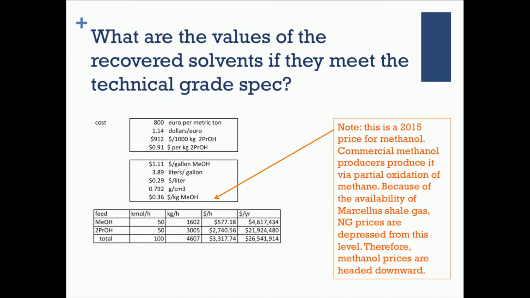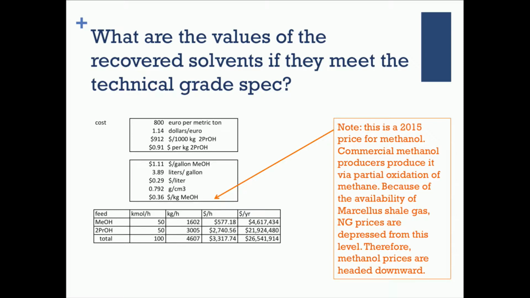Internationally, it's about 800 euros per metric ton. This is an international market, so it's affected by the euro and the dollar. At this particular point last year, the dollar was 1.14 to the euro. So if I had 1,000 kilograms of 2-propanol or isopropanol, that would cost me $912, or about 91 cents per kilogram.